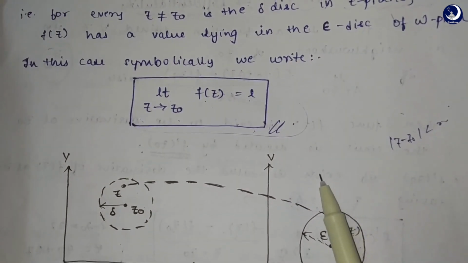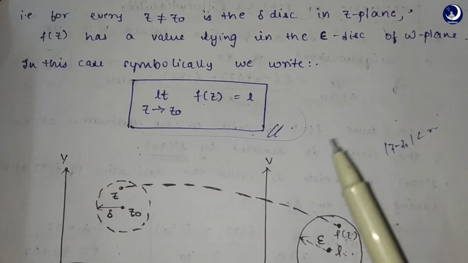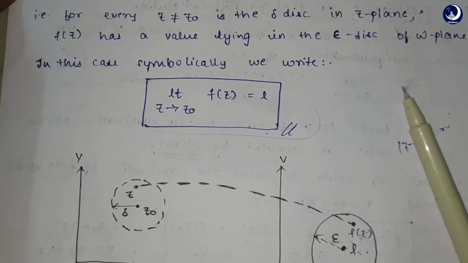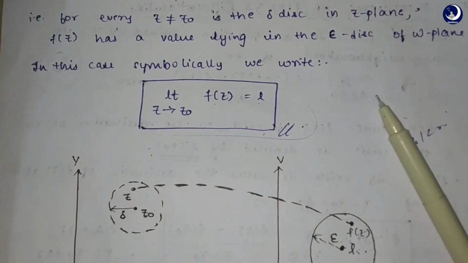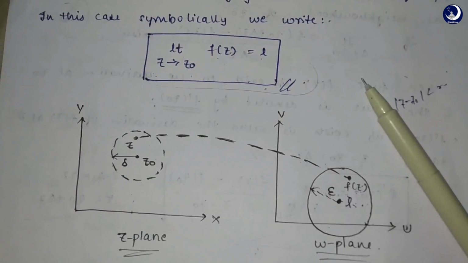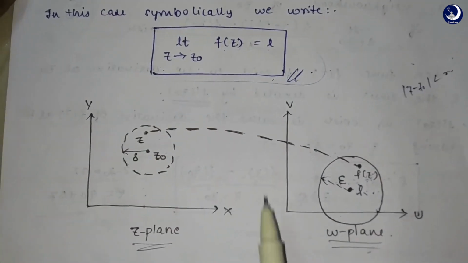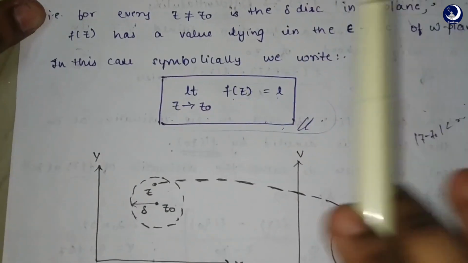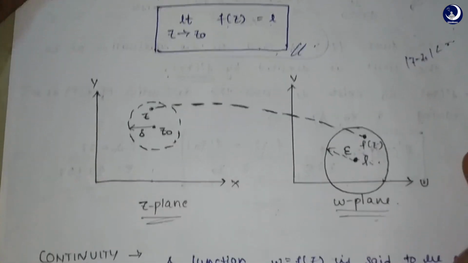That is, for every z not equal to z0 in the delta disk in the z plane, f of z has a value lying in the epsilon disk of the w plane. Symbolically we write it in this form: limit z tends to z0, f of z equals L. This is just the mathematical definition, so we find it difficult.